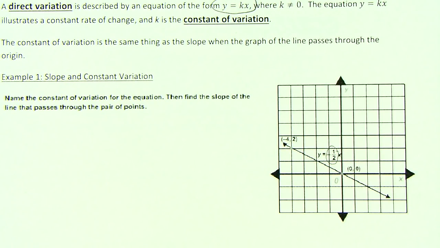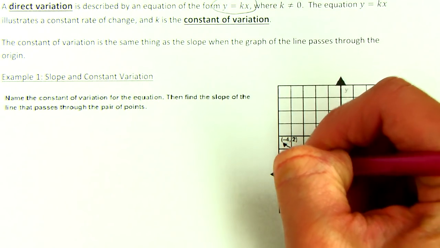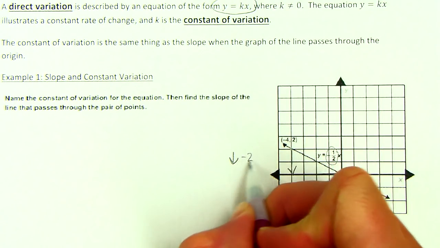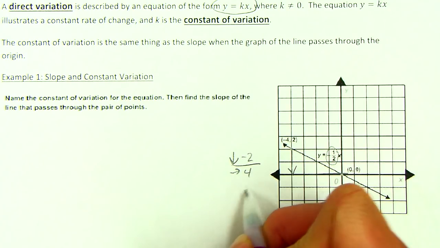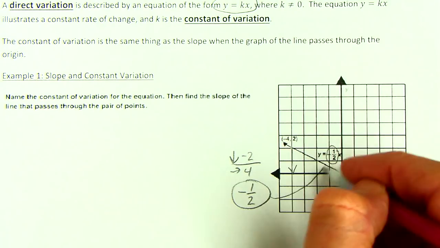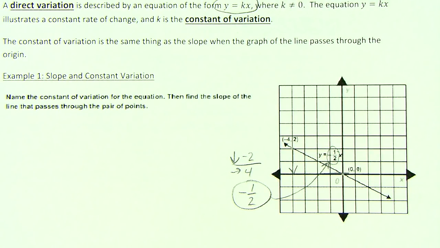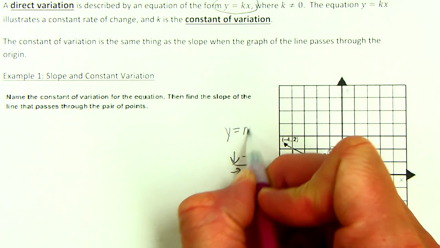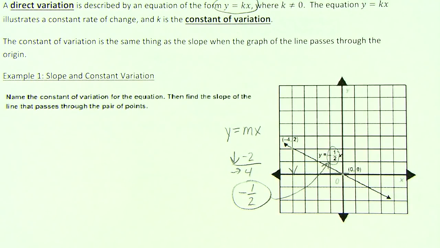Now you'll notice not only does our line go through the origin because it's direct variation, but if you find our slope, which is down 2 to the right 4, and down 2 makes it -2/4, which is -1/2. Our slope is the same as our constant of variation, and it will be, because that is how it varies. So oftentimes people will write our constant of variation as y equals mx as opposed to y equals kx.